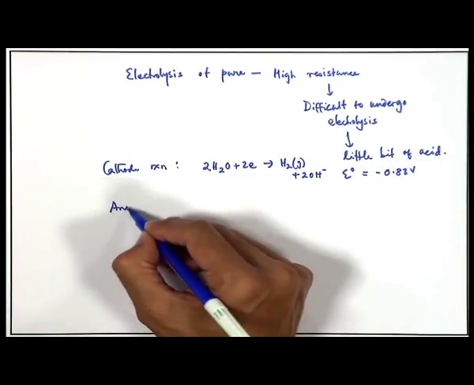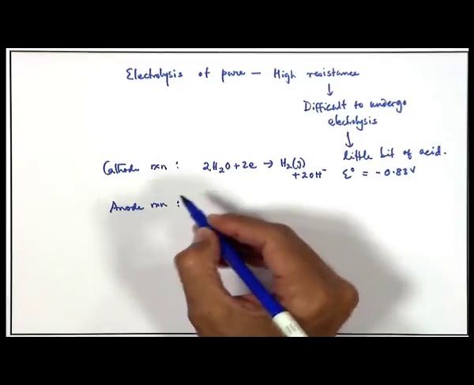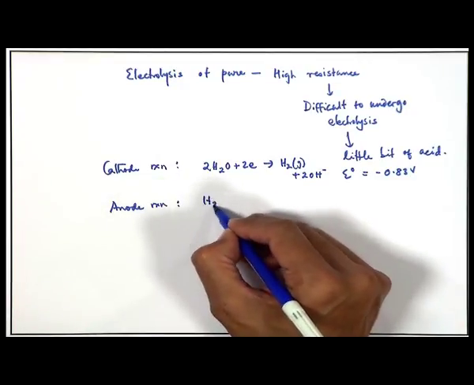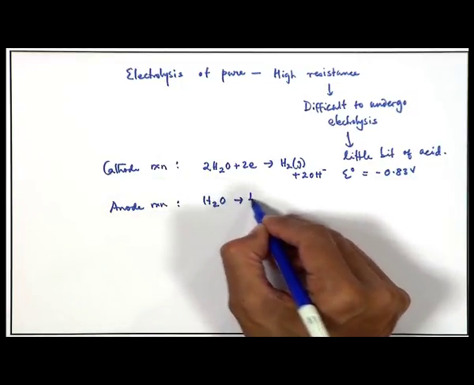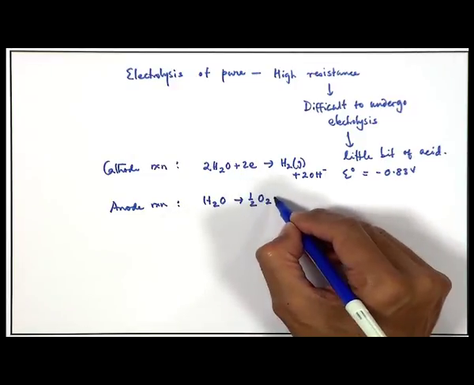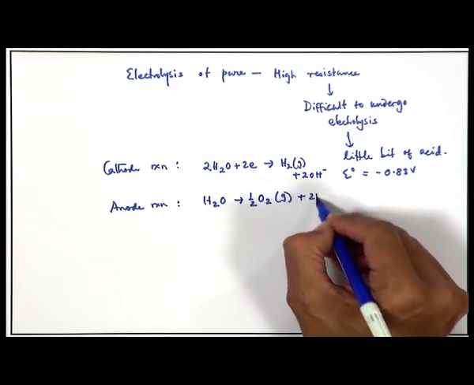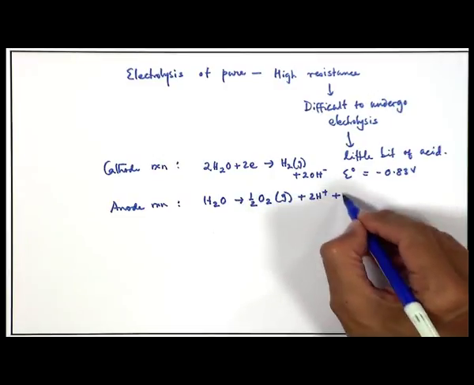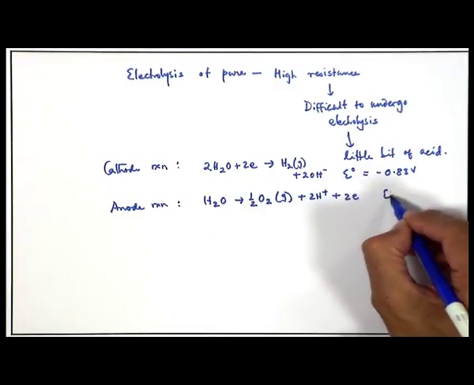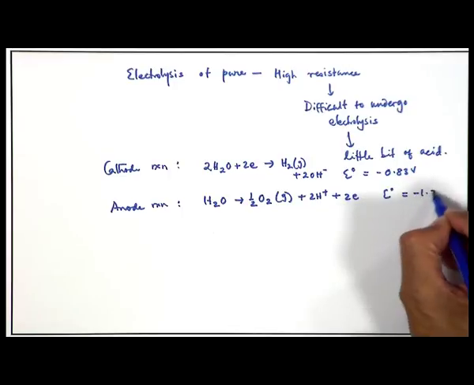Anode reaction is water to get you half O2 gas plus 2H plus plus twice electron, and here E naught is equal to minus 1.23 volt.